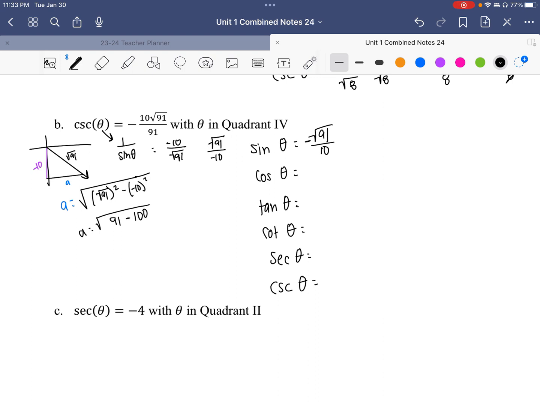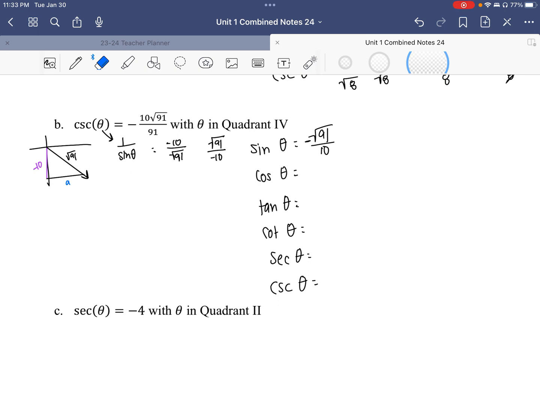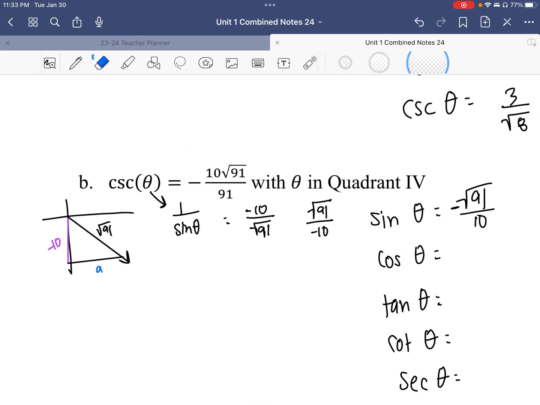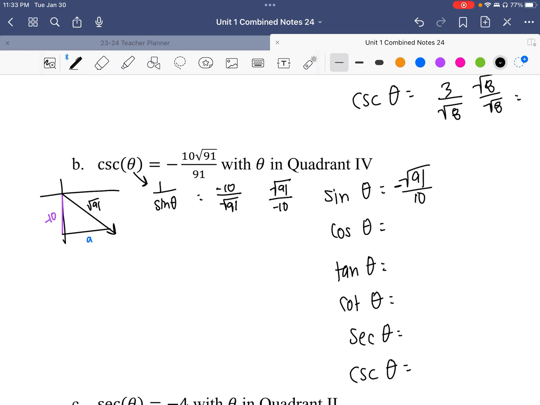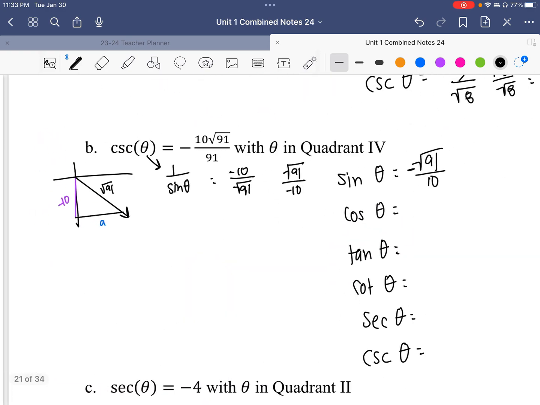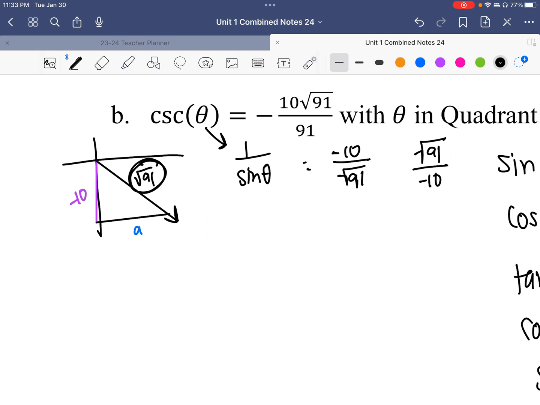Uh-oh, what happened? This comes out to yet another answer, which I don't think is what it's supposed to do. So let's see if I can figure out where I went wrong here. I think it's because my hypotenuse is not my longest side. 10 is bigger than the square root of 91, which is a problem.